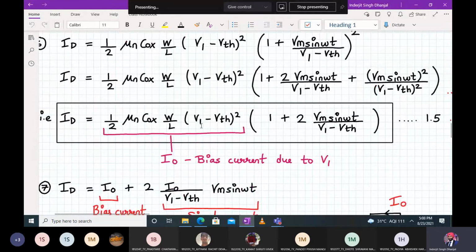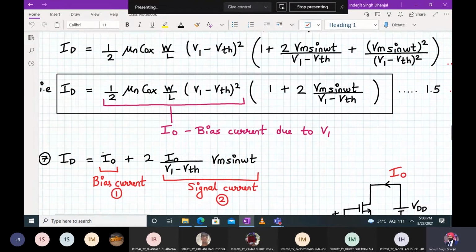Now you will say it contains a lot of terms, square terms, but these square terms are of DC quantities, right? They are not changing with time. Mu n and Cox is a constant, W by L is a constant, and V1 and Vth are also constant, right? So the only variable term over here is Vm, and that Vm is in a linear relationship with this ID, drain current ID.